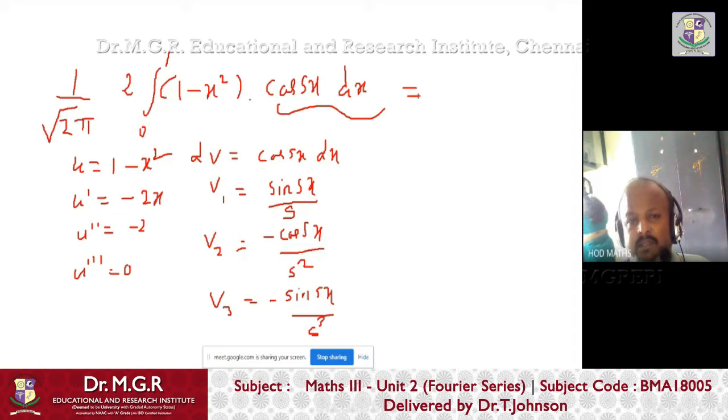Now look at this. 1 by root 2 as it is, this 2 as it is, no problem.